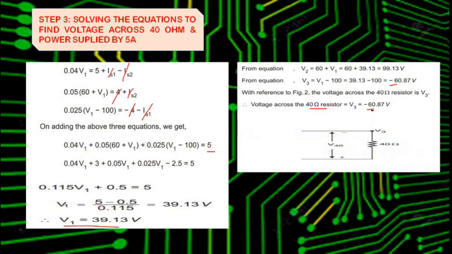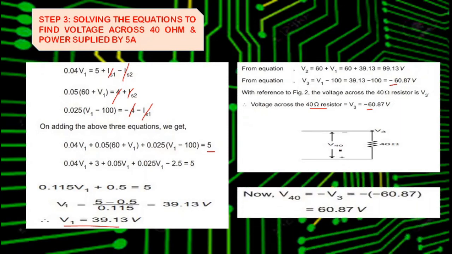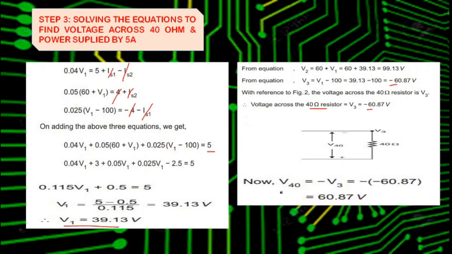So we are going to change the direction here by using minus V3. So that is now the voltage across 40 ohm as minus V3. So both the minuses become a positive. So the voltage across 40 ohm becomes 60.87 volt.